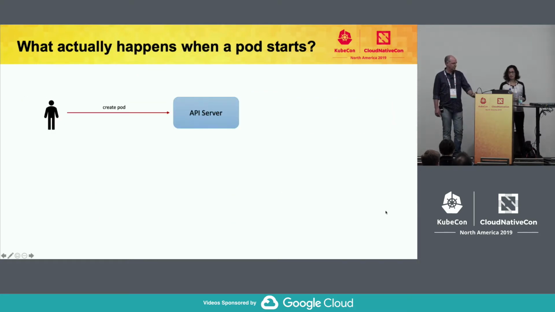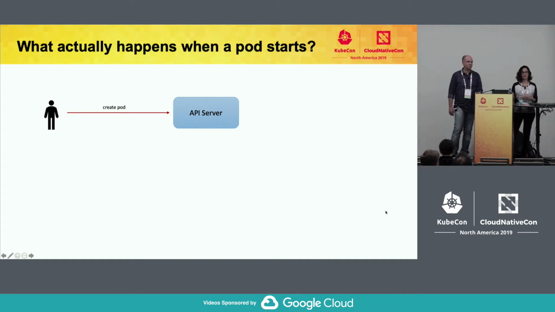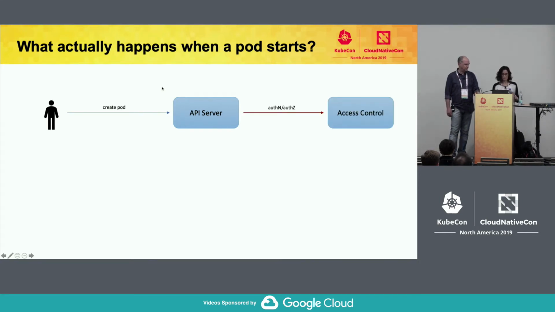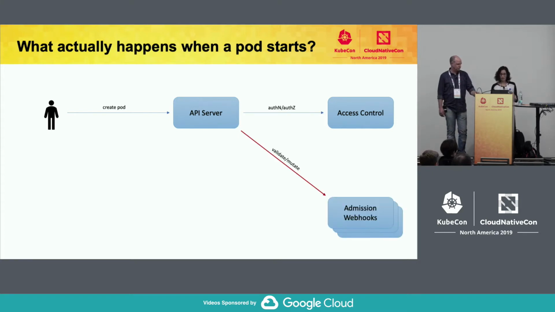So what's actually happening when a pod is starting, in a high-level view? First of all, the user is sending a request to the API server to create a new pod. Then the API server authorizes and authenticates the request using some access control system.